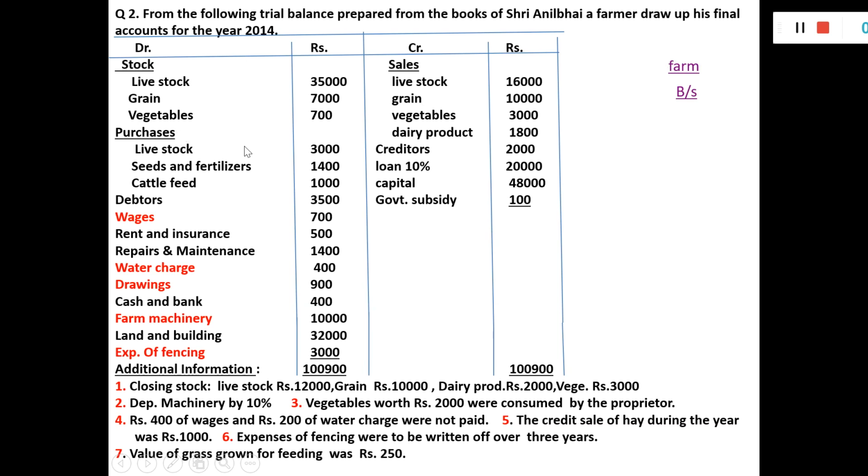Purchase. So the purchase of the livestock 3,000, seeds and fertilizers 1,400, cattle feed 1,000. So friends, we will write the livestock in the balance sheet. Go to the balance sheet.